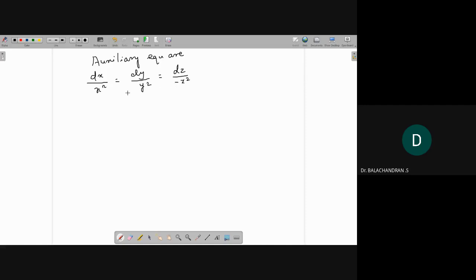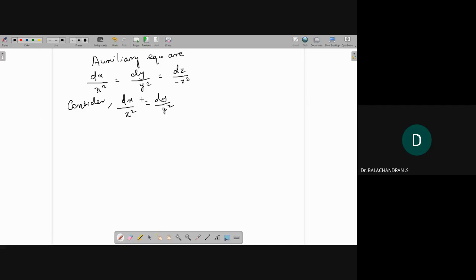You can check it. Now I am going to consider these two ratios: dx by x square equal to dy by y square.